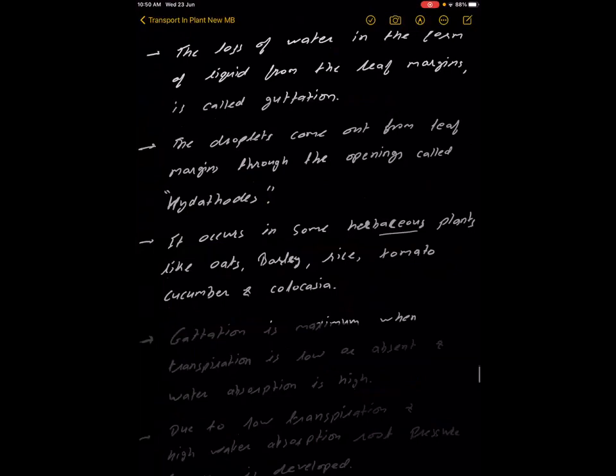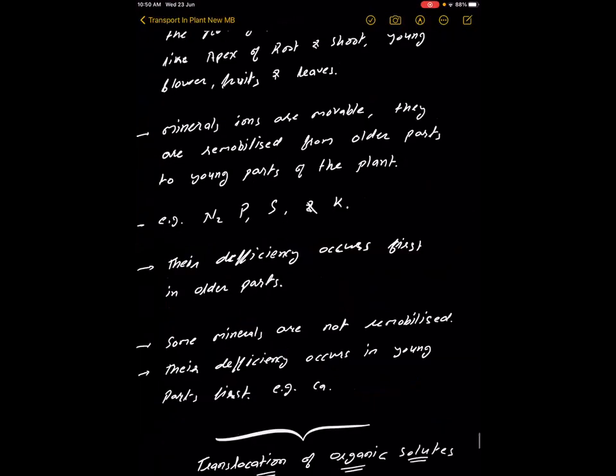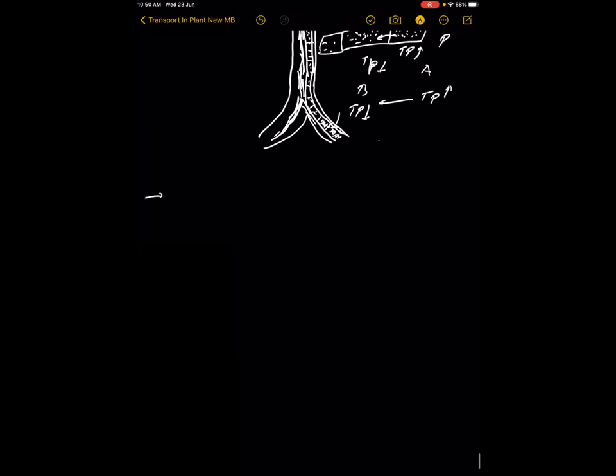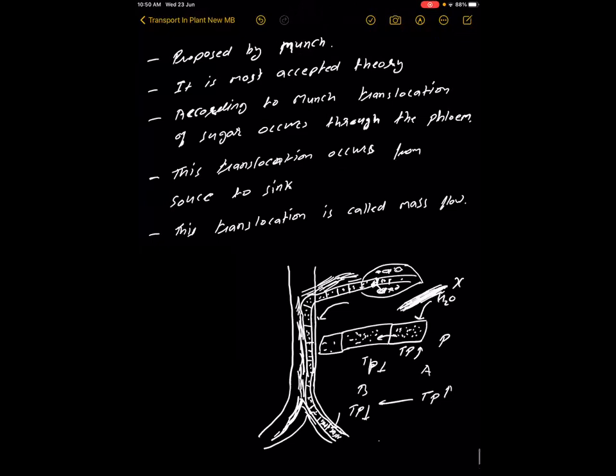The next point in Munch hypothesis is that the translocation happens through the phloem. Okay. So what happens in the source point?